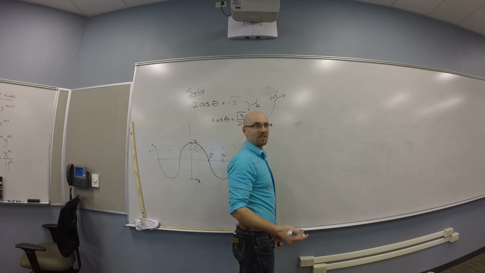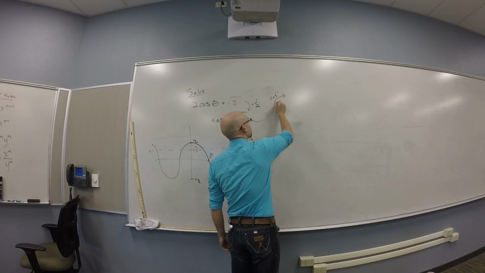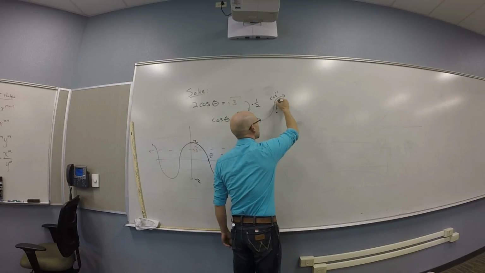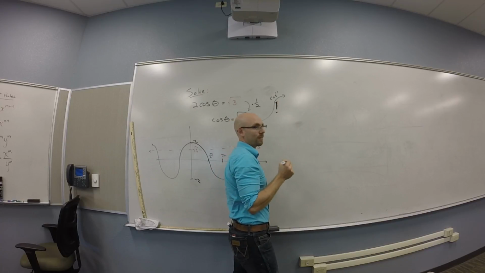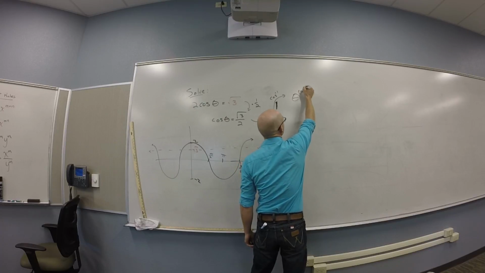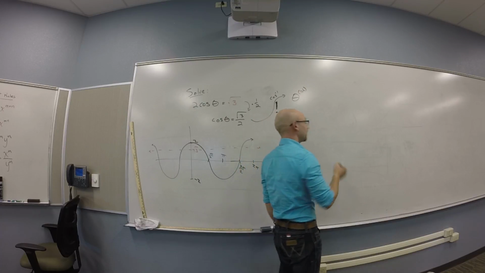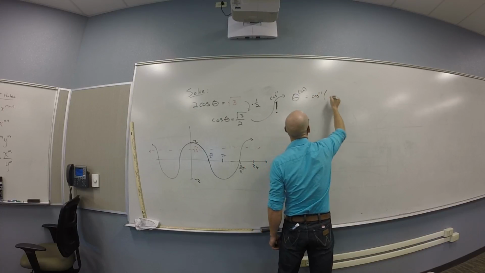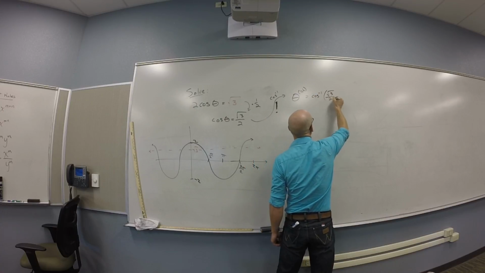You guys see that? So this is a step about which I should be extremely concerned. Cool? So I'm going to get theta-ish equals cosine inverse of square root of 3 over 2.